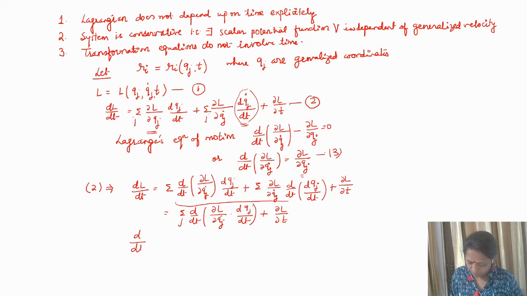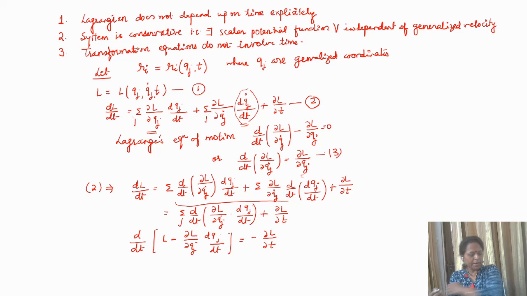Now d/dt of L minus delta L by delta Qj dot times dQj/dt is delta L by delta t.